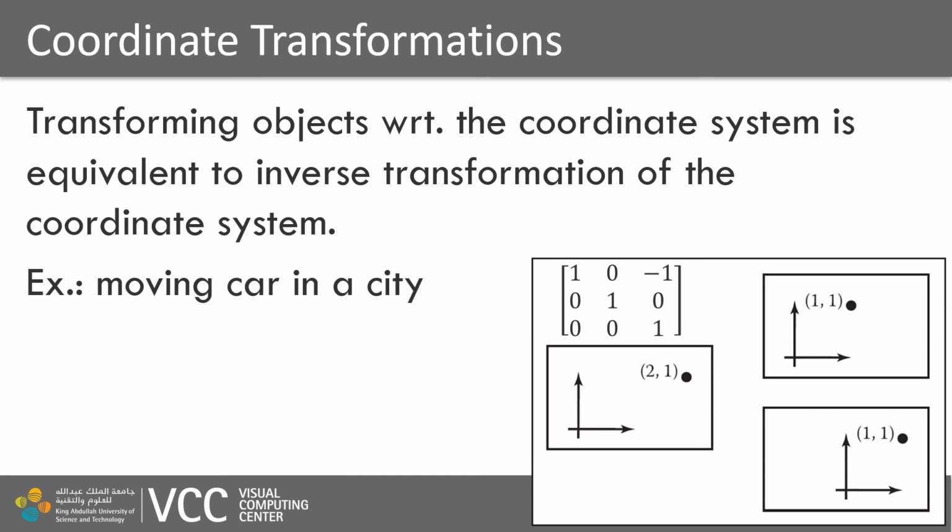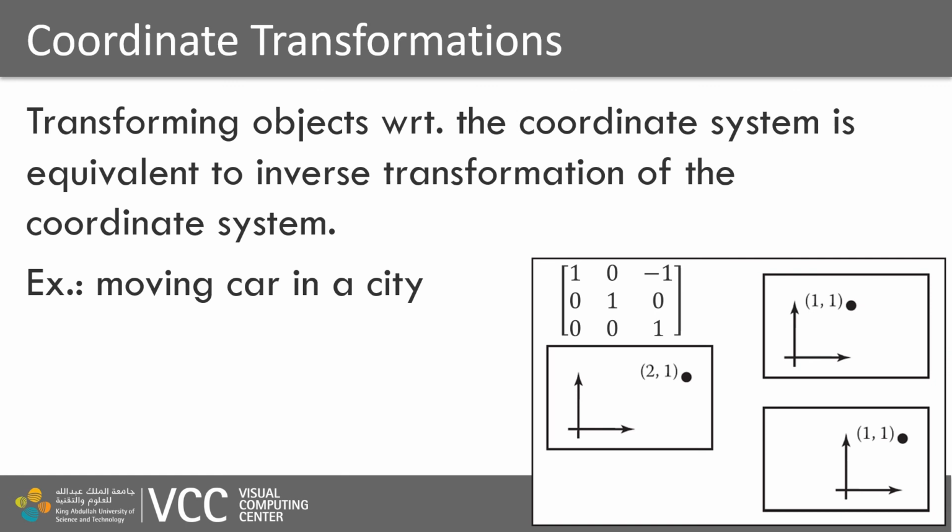So there is an interaction between the point and the coordinate system, and either the coordinate system is transformed or the point is transformed. And if we transform a point, looking at it from the transformation of a coordinate system, then it will be the inverse transformation of the coordinate system, which is applied on the coordinate system to get it there where it is. So, for example, we have here an example of a simple translation.